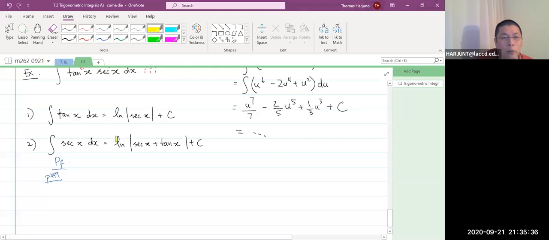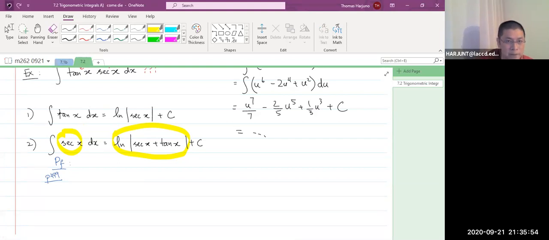We already proved that the derivative of this is equal to that. We already proved that the derivative of natural log of secant x plus tangent x is secant x, and we have done that in chapter 6. But now I want to prove from left to right.